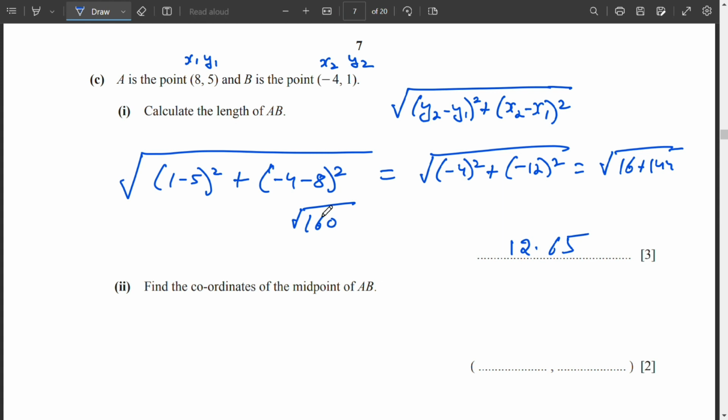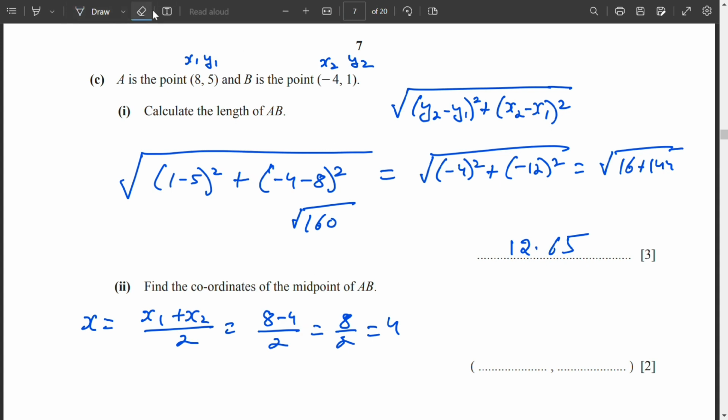See, we have already taken x1, y1, x2, y2. We know that for the midpoint, the x coordinate of the midpoint will be x1 plus x2 by 2. x1 is 8, x2 is minus 4. So 8 minus 4 by 2, this is 8 by 2, that equals 4.